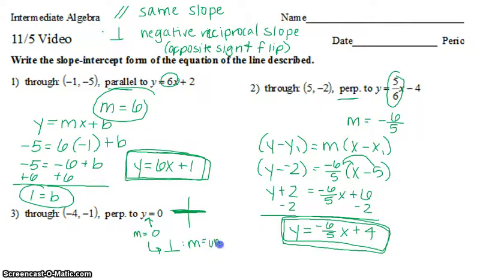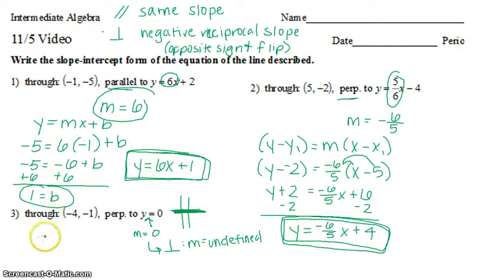That's undefined. And if you think about it, y equals 0 is a horizontal line, just like I said. If I want a perpendicular one, that's going to be a vertical line, which has a slope that's undefined, which means I can't write my equation like normal.